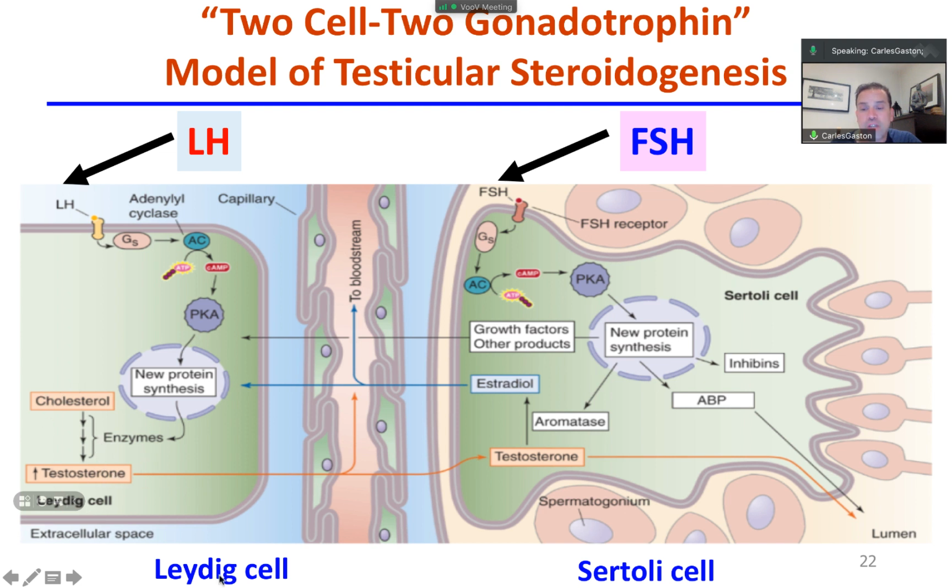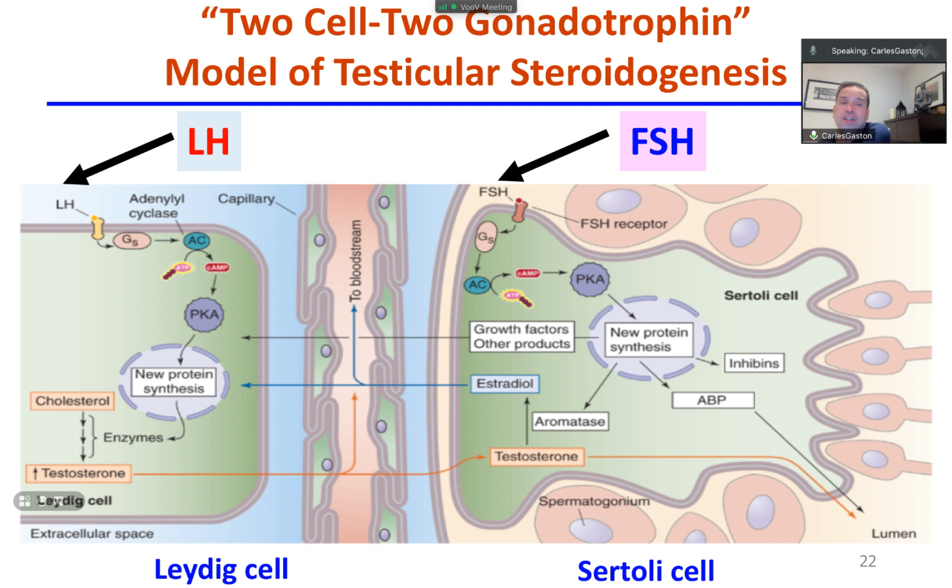The testosterone produced in the Leydig cells travels through the membrane into the Sertoli cell. It can be converted through aromatase into estradiol, which at the same time can signal the other cell. But the Sertoli cells respond to FSH instead of LH.